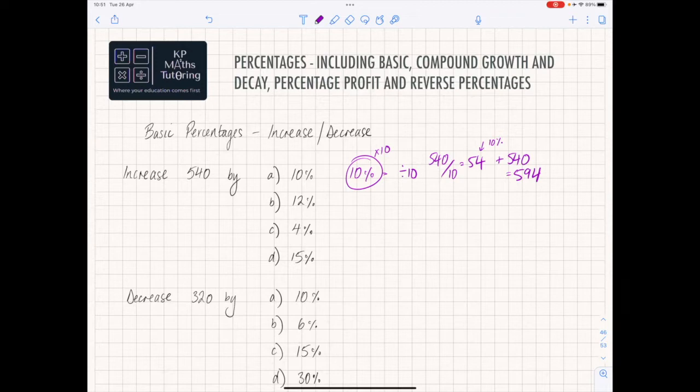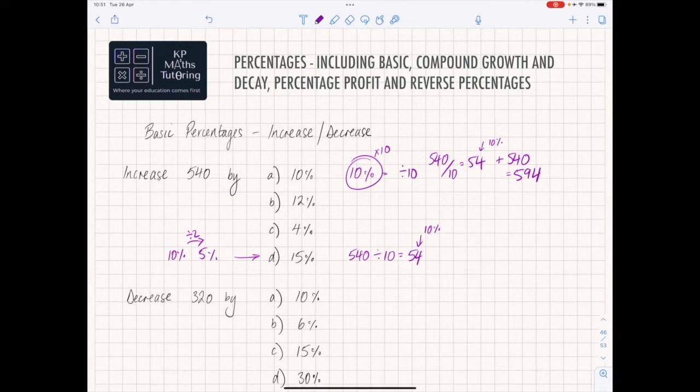So a few of you might be aware of different methods of doing this. This one here, you could find 10%, which we divide by 10. And then to find 5%, you then divide that 10% by 2 again. Okay, so if I said 540 divided by 10 is 54, then that is your 10%.